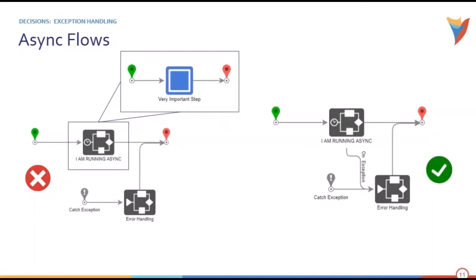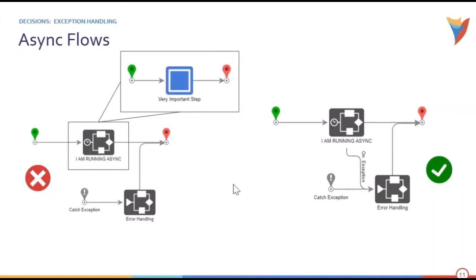This also applies to flows which run in a run flows for a list of steps. A run flows for list of steps also needs to have its own error handling step. Because the async flow is running in a fire and forget way, on exception paths will also not work. The async flows will always progress down the done path.